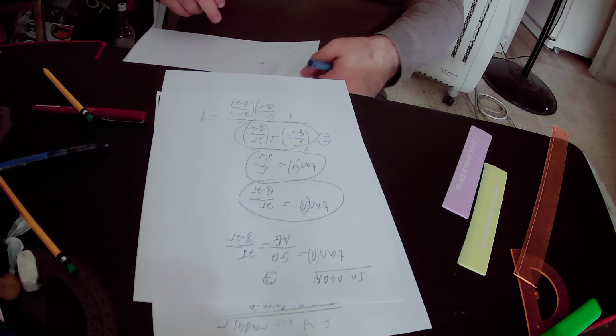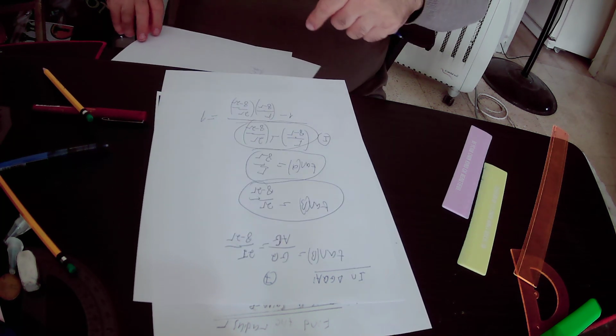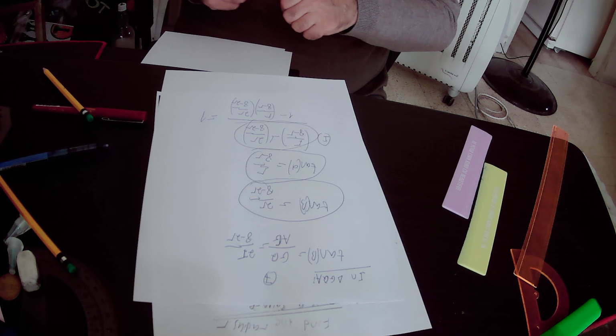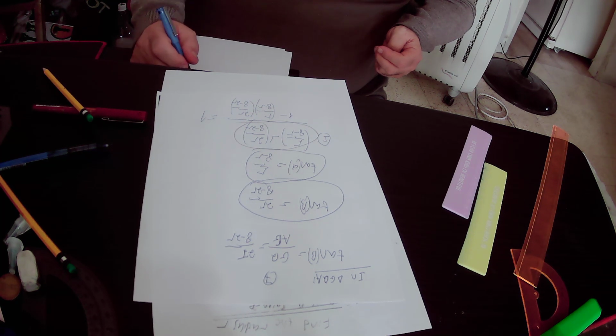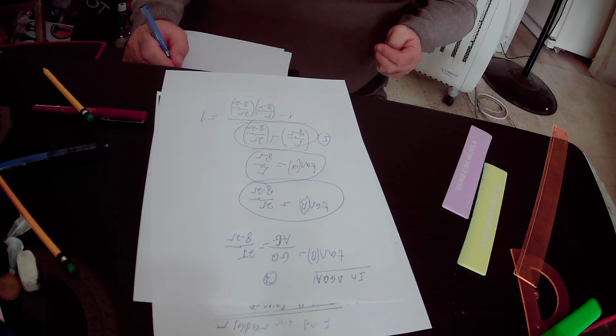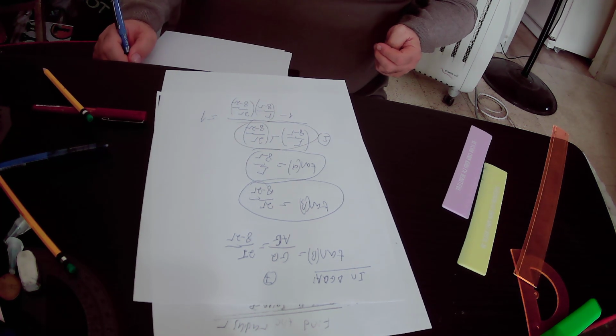Then we also have the denominator, which is 1 minus R over 8 minus R times 2R over 8 minus 2R, all equals 1.